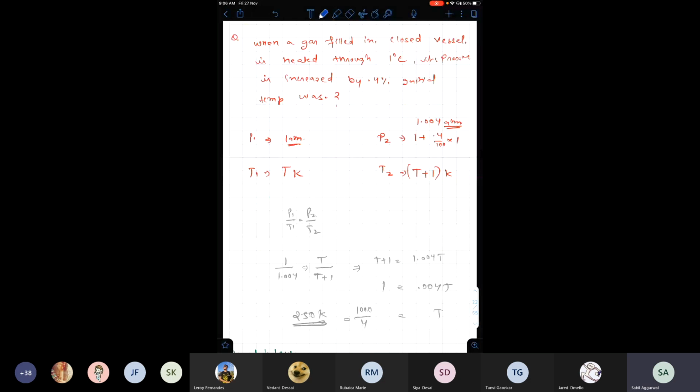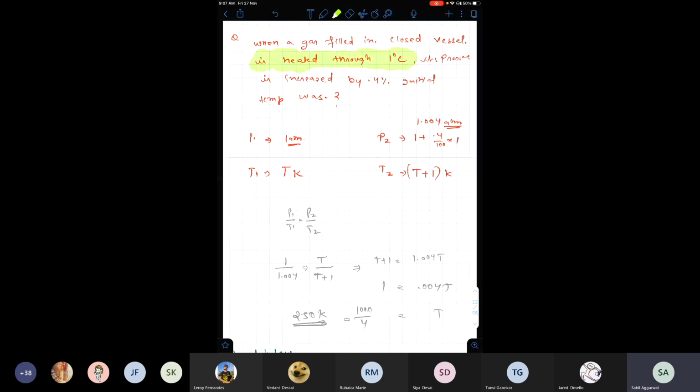All of you can see the screen. See, in this question, we have 1 degree heated. That means 1 degree temperature has been increased. 1 degree increase is equal to 1 Kelvin increase.